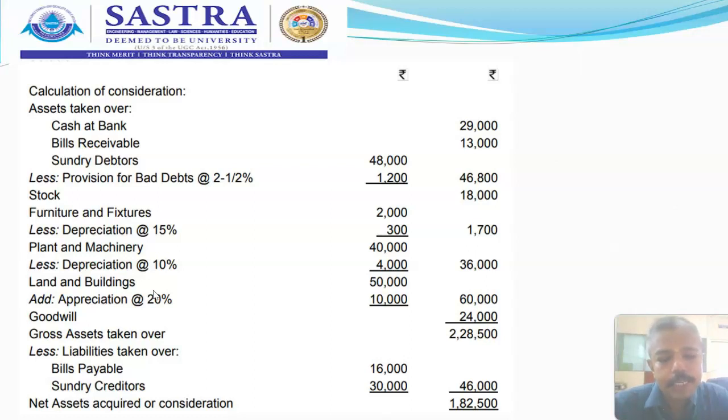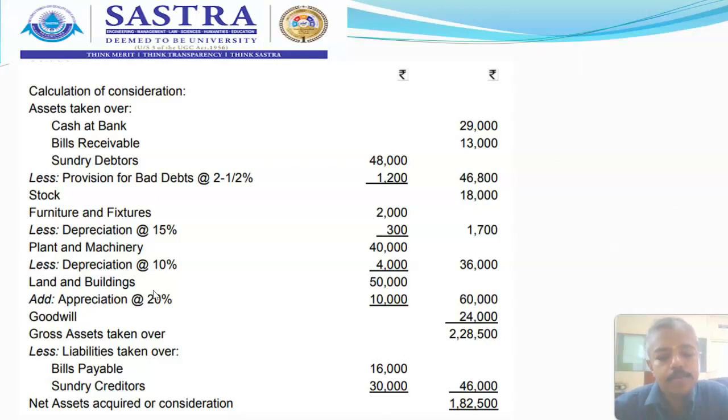So these three items we can take as it is. That's why I asked you to make a dot mark against the respective accounts where we have adjustments. So now you are able to pick up easily. Wherever there is no adjustment, we can take the amount as it is: cash at bank, rupees 29,000, bills receivable, rupees 13,000, stock, rupees 18,000.